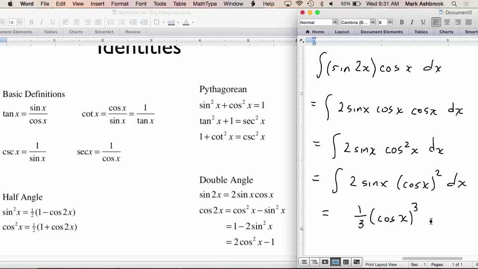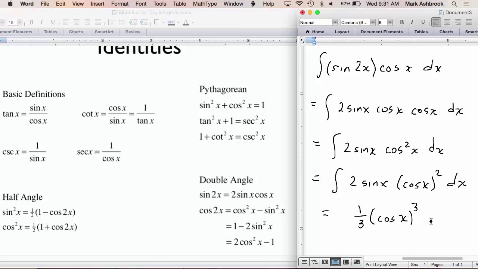How many people got that before I wrote it up there? Raise your hand, nice and tall. Okay. A lot, but not enough. You need to start recognizing this, undoing the chain rule. It keeps showing up through this whole unit and then all semester long. It's the most important technique.